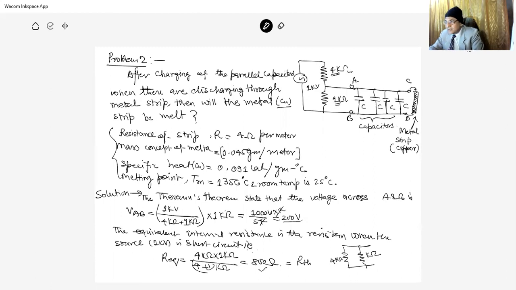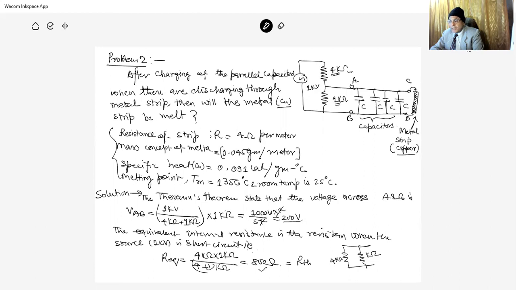So these are the four capacitors C1, C. Four capacitors are connected to this point, and these points are connected for charging. After charging, the C and D points are connected to the metal strip, which is made of copper. The parameters are given. Resistance of the strip R is 4 ohm per meter.